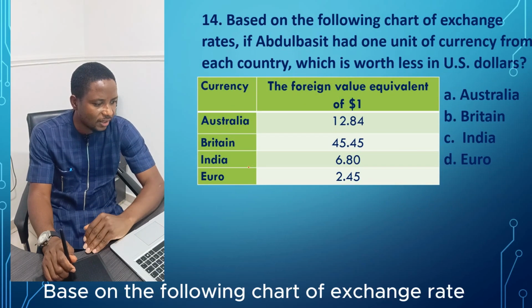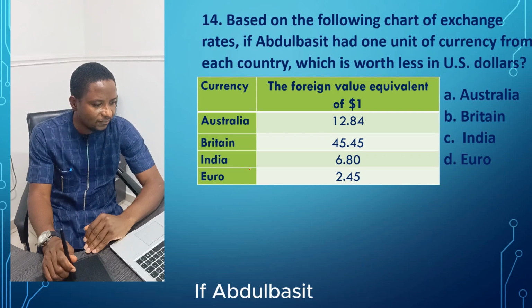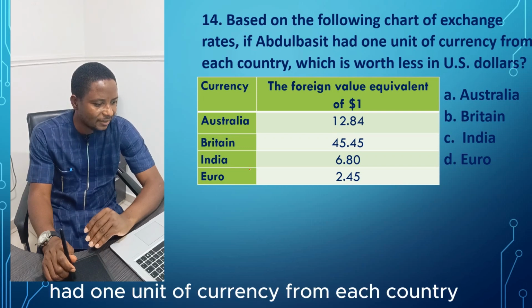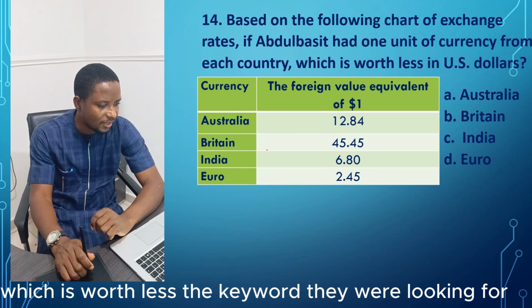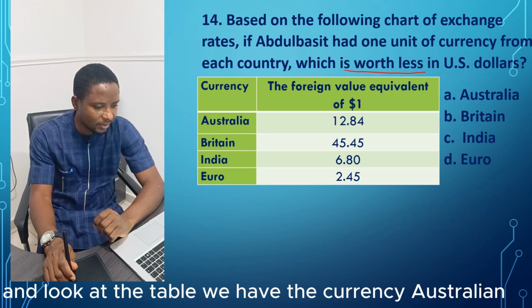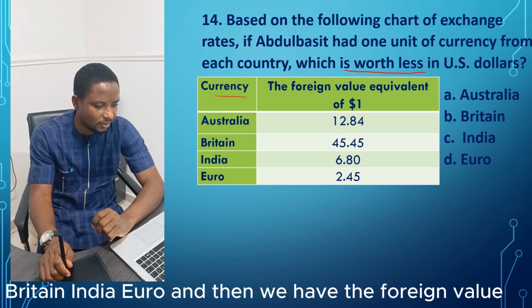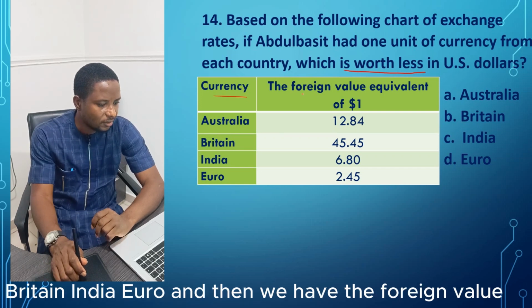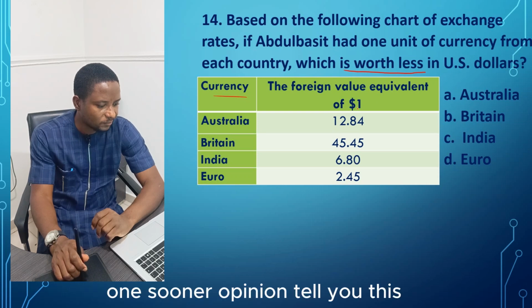Moving on to question 14. Based on the following chart of exchange rates, if Abdulbasit had 1 unit of currency from each country, which is worth less? The key word there, we're looking for the one that is worth less in US dollars. And look at the table, we have the currency, Australian, Britain, Indian, Europe. And then we have the foreign value equivalent to 1.